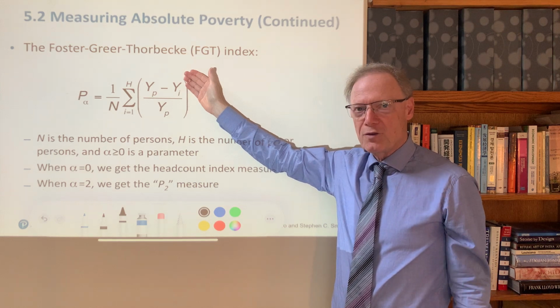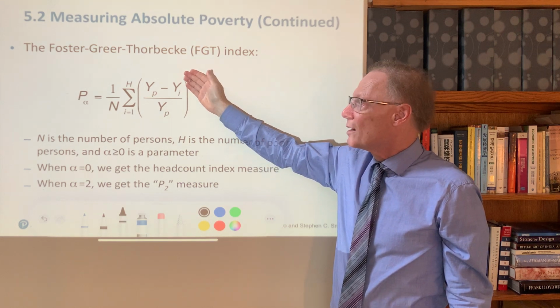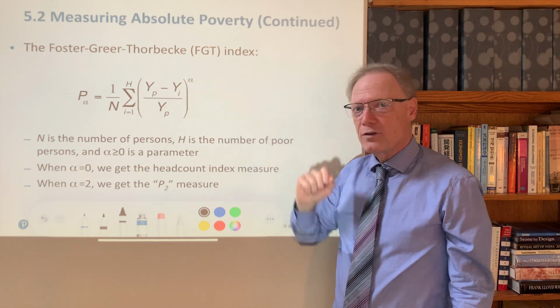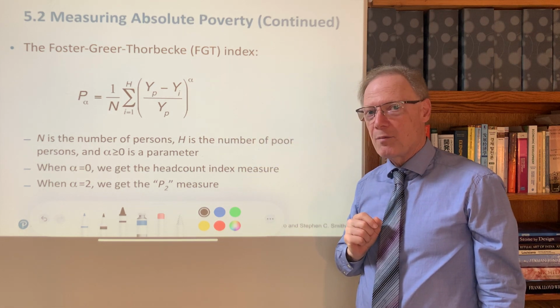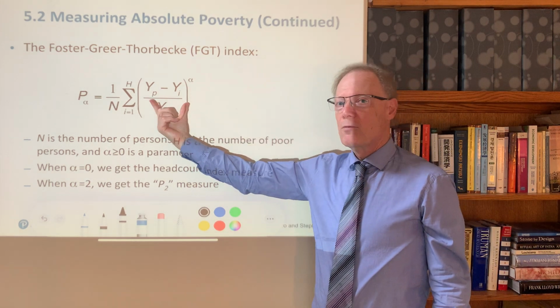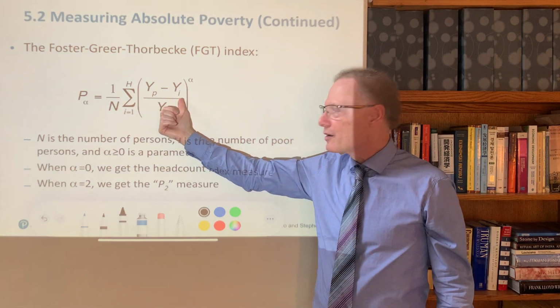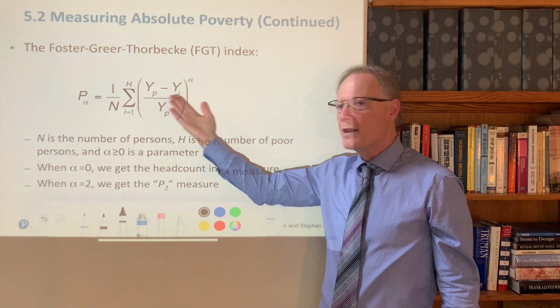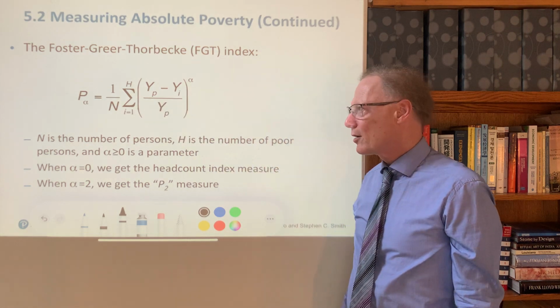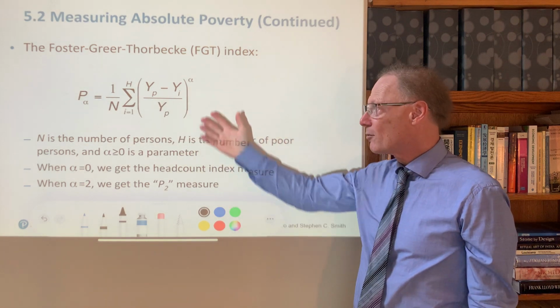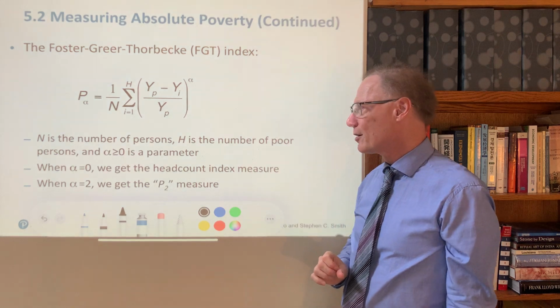That is to say, distributional sensitivity. If we go back to a value of 2, our P2, squaring, we're back to giving greater emphasis on deficits of income below the poverty line as those deficits get greater and greater in a nonlinear way, in this case with respect to the square.